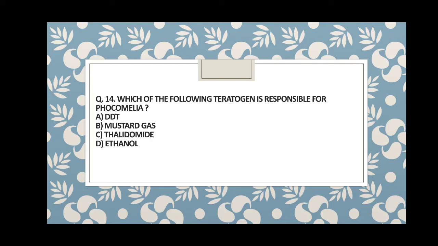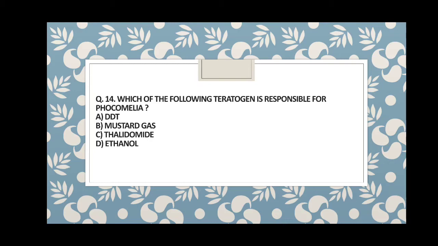What is a teratogen? Teratogens are substances which hinder the developmental process of the embryo or the fetus in the uterus. So guys, teratogens are very harmful for mothers who are going to conceive a child and are taking alcohol or any kind of drug. These drugs are very hazardous to the child.